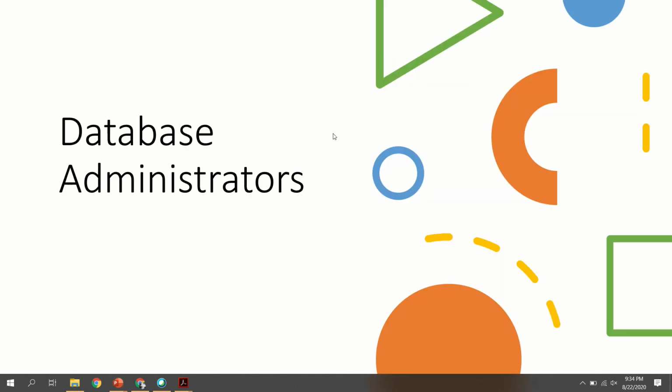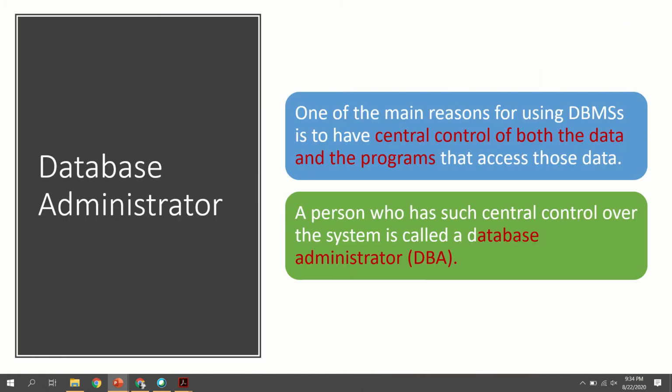The next topic we have to study is what is a database administrator. I think you all have heard about the DBA, database administrator. So who is this database administrator? We know that a database management system is a collection of data and a set of programs to access that data.